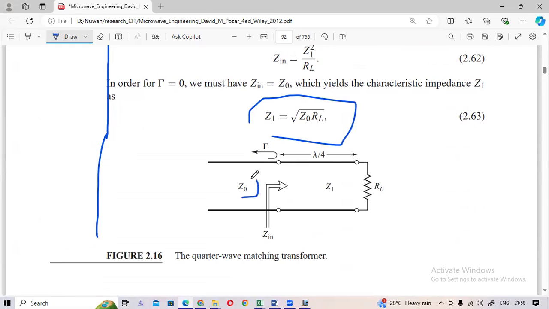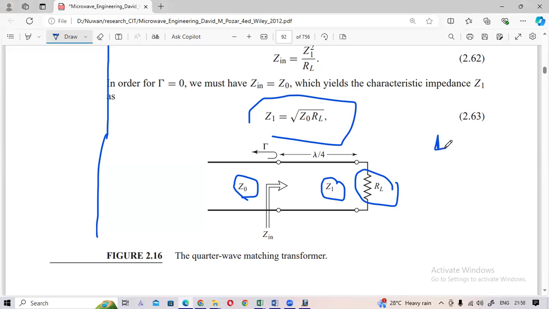You have mapped Z naught to RL, and you find the characteristic impedance of the transmission line by taking the square root, where RL is not equal to RG.